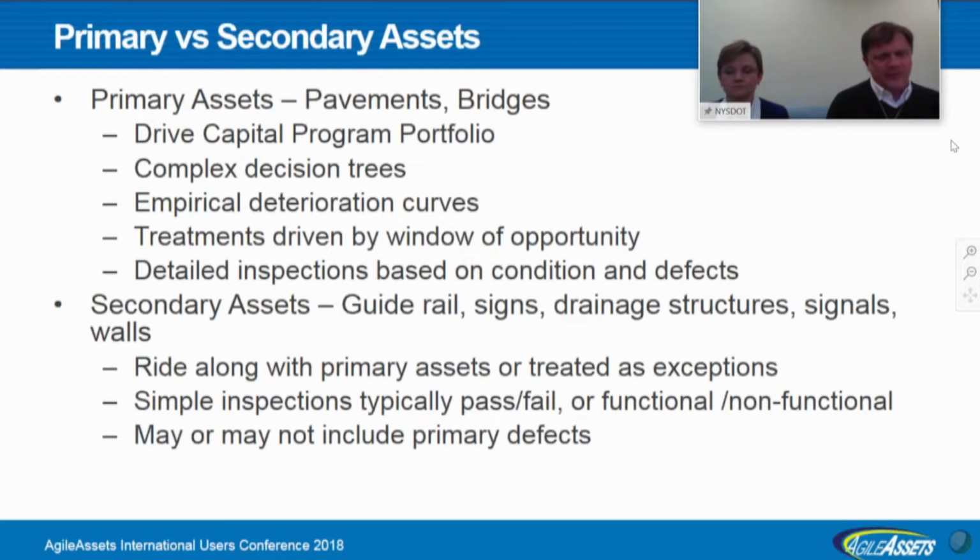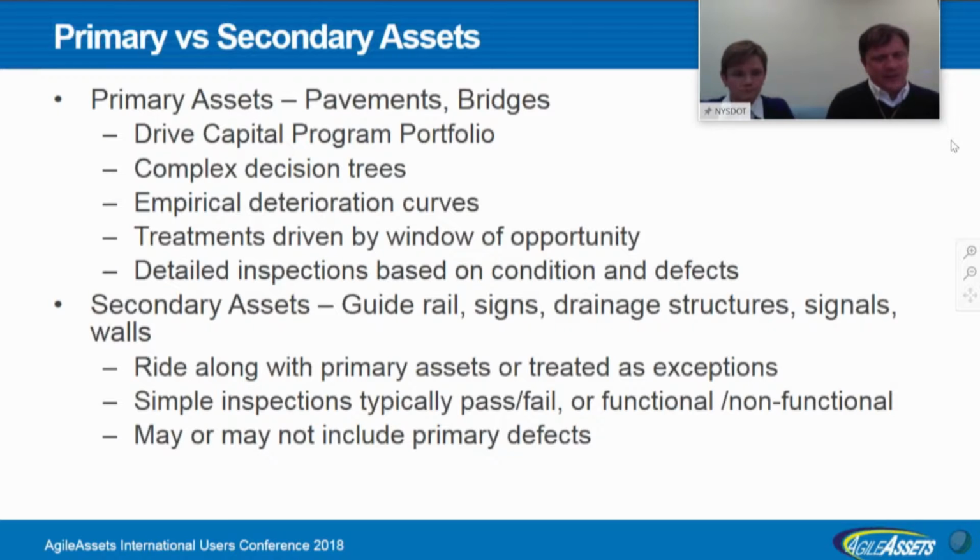As W. Edwards Deming says, you can never optimize a system by sub-optimizing the components of that system. So we have moved more towards an optimal approach where we are really trying to treat just the assets that need to be treated, focus more on simple, cost-effective preservation types of strategies.